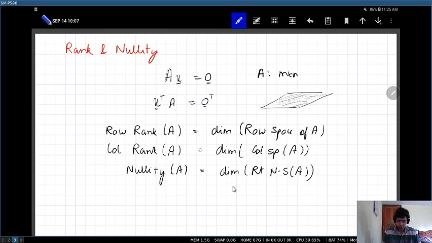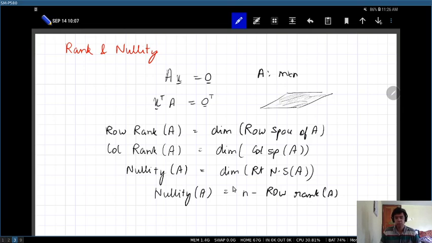And what is the dimension of that? That is going to be n minus the row rank of A. So nullity of A is equal to n minus the row rank of A.